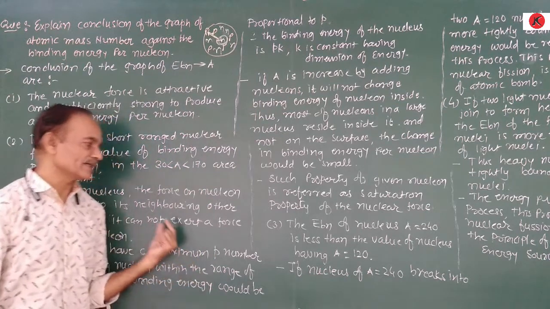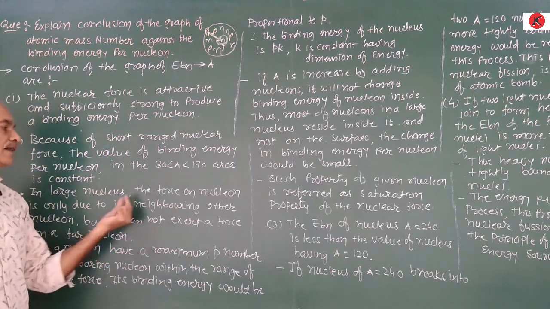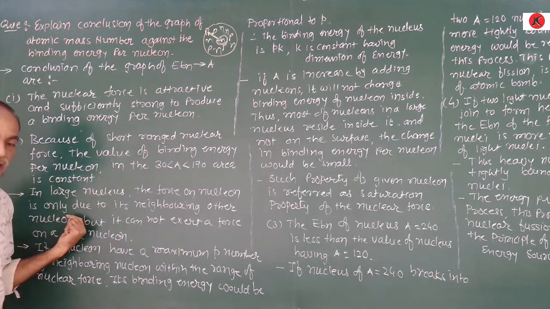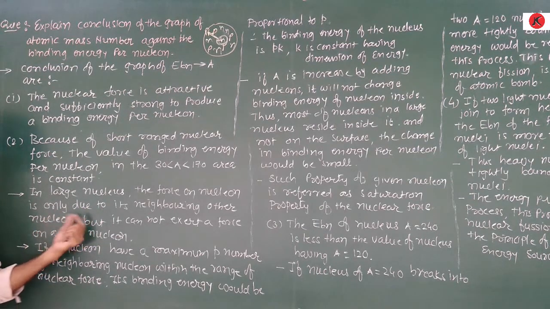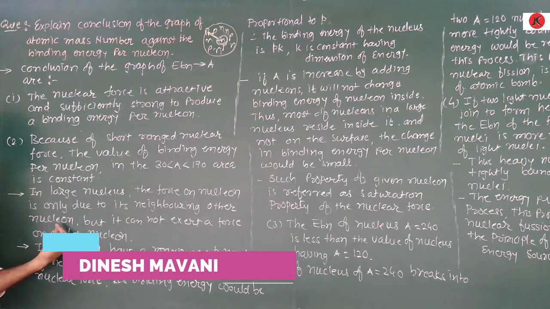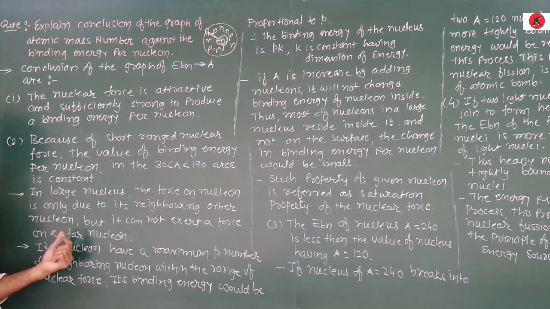In the earlier paragraph we discussed that the force on a nucleon is only due to the neighboring nucleons. Only the nucleons in the neighborhood of a given nucleon can apply the force of attraction on it, while a far nucleon cannot apply a force on this nucleon.